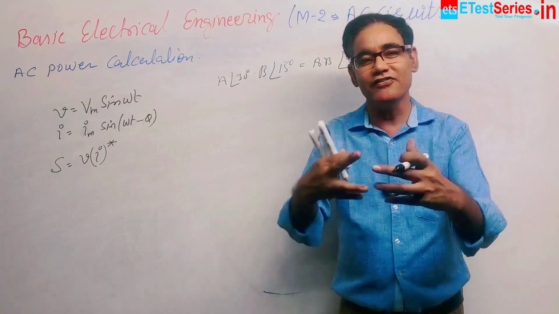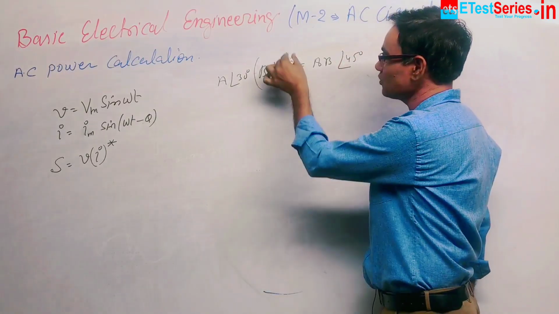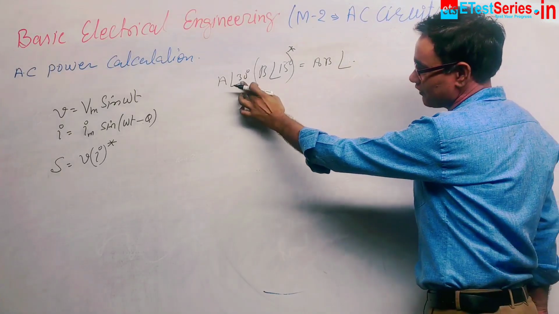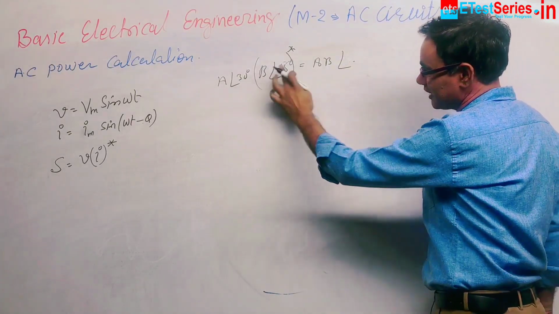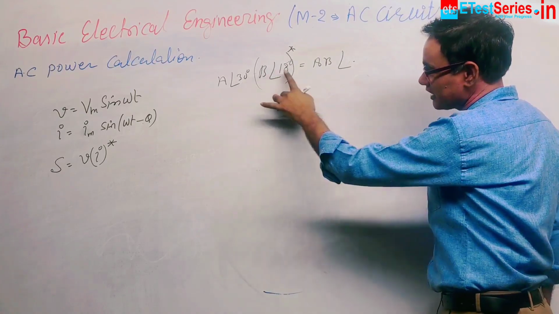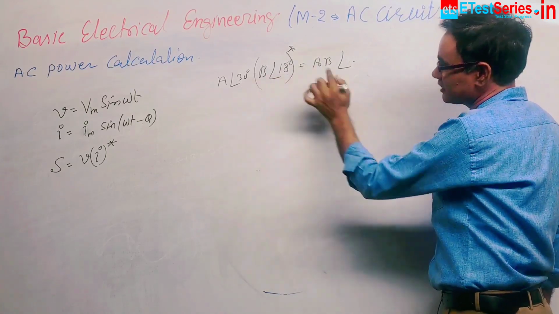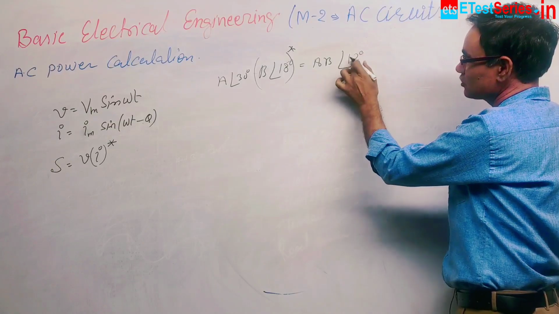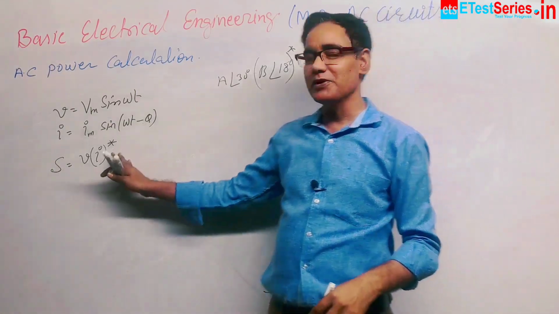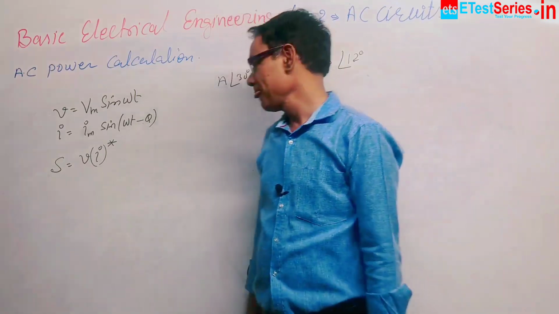So to take the difference, if we take the complex conjugate of one of them, then the angle comes out as 30 degree minus 15 degree. Suppose this is 18 degree, then it comes out 18 minus 15, that is 3 degree. Whatever it is, it is the difference. So to take the difference, we take the complex conjugate of one of the quantities.